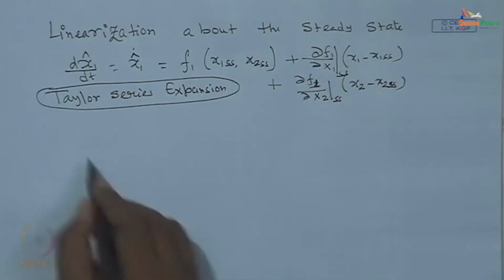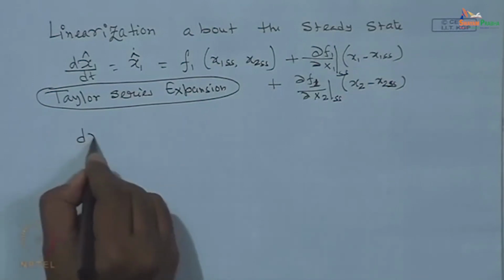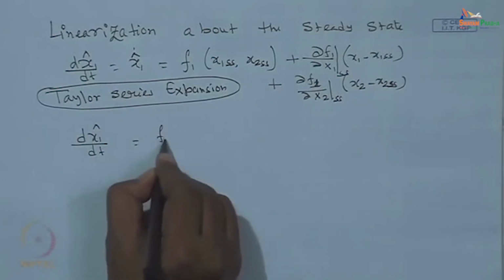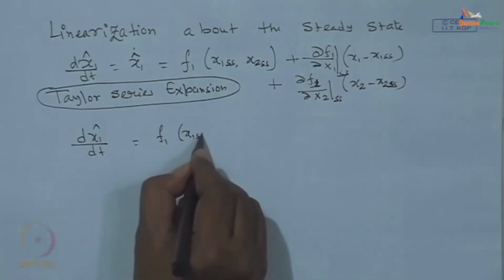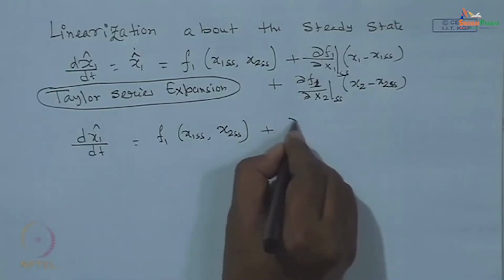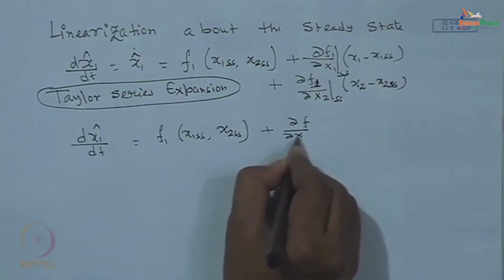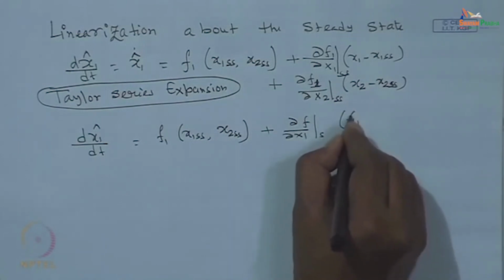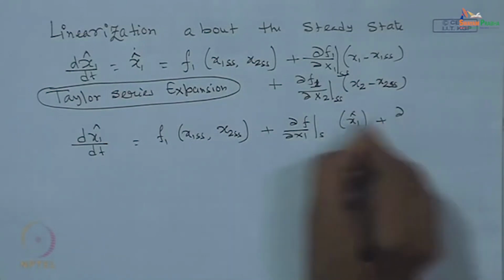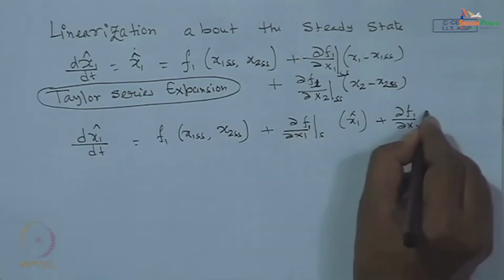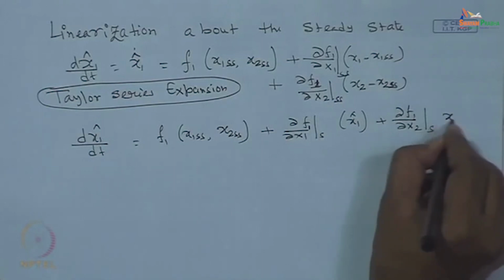So, therefore, we can write dx1 hat dt will be nothing but f1 of x1 ss and x2 ss plus del f1 del x1 about the steady state times x1 hat plus del f1 del x2 at the steady state, this will be x2 hat.